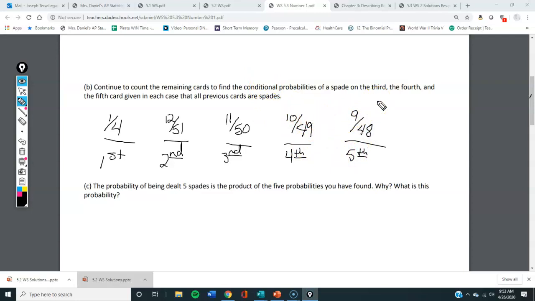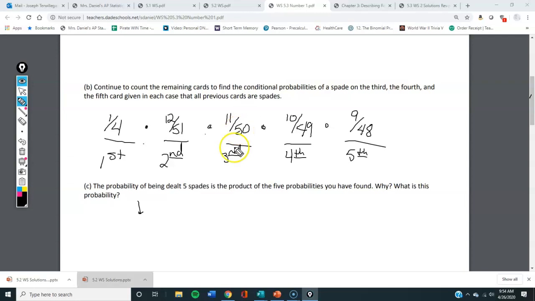Now the probability of being dealt all 5 spades, you multiply those, right? Because it's a dependent probability. Remember, it's dependent, you multiply. So for C, I'm just going to multiply all these probabilities to find the total probability of being dealt 5 spades just to yourself. If there are other people, it changes the probability a lot.